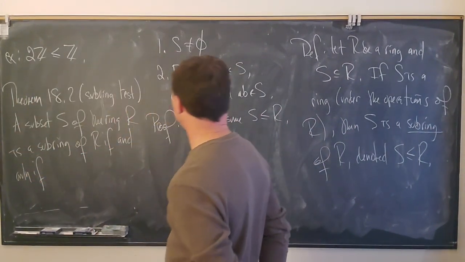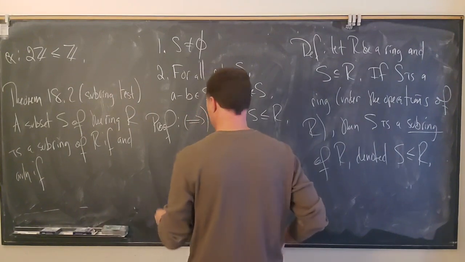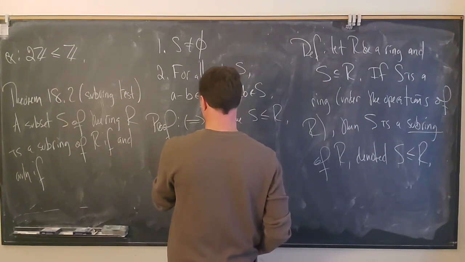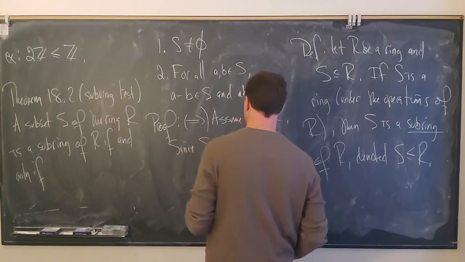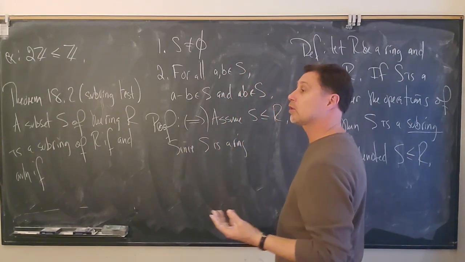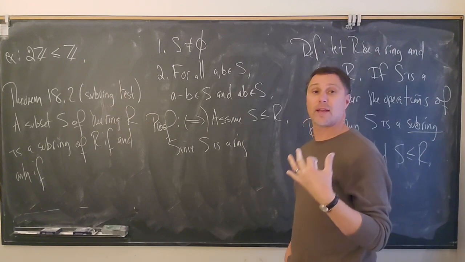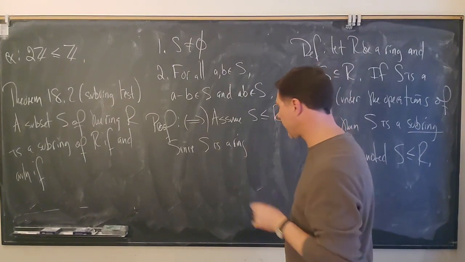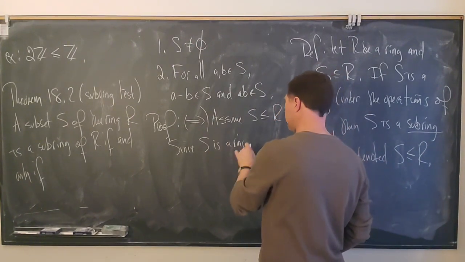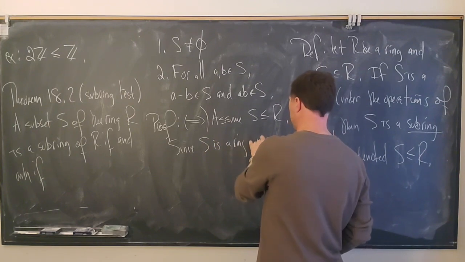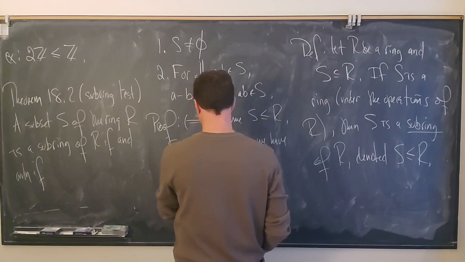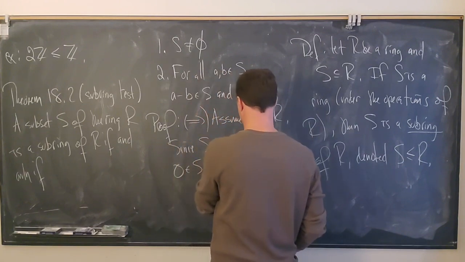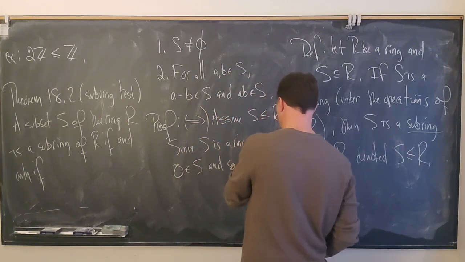Since S is a ring, it's got to be an abelian group under addition, which means it's got to have an additive identity. So it's got at least one element. So since S is a ring, we have 0 in S, and so S is non-empty.